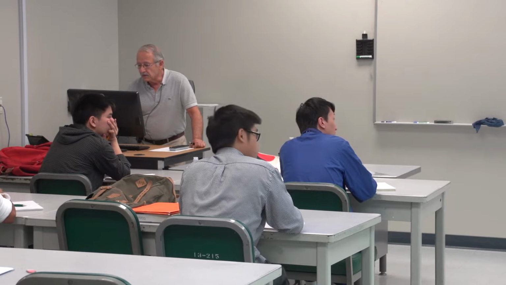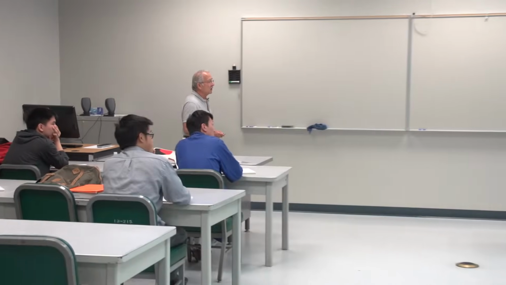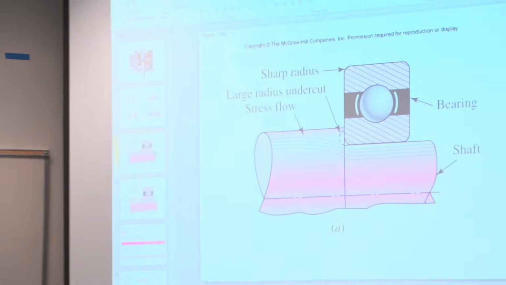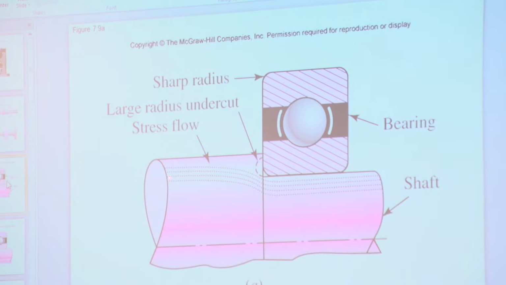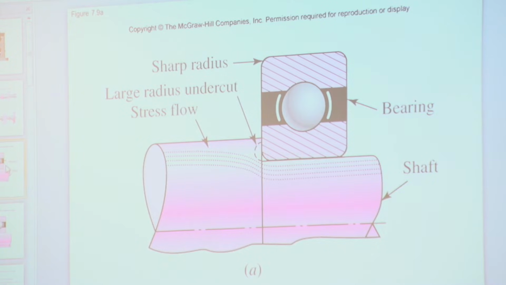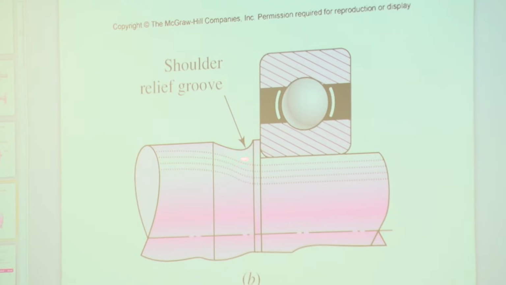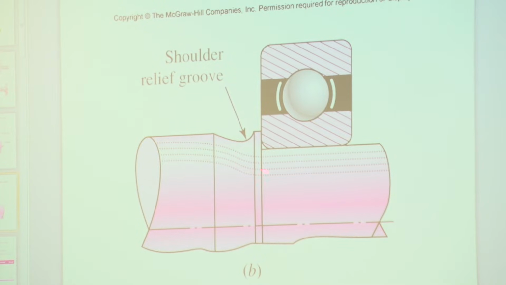A couple of words about these. When you read about these, when locating this, the stress flow, if it comes across here and sharply goes out, gives you a large stress concentration factor. Sometimes you make an undercut to reduce that stress concentration factor. Sometimes you do this to redirect the line of flow of stresses so that they don't come in here and give you a sharp change in the direction.